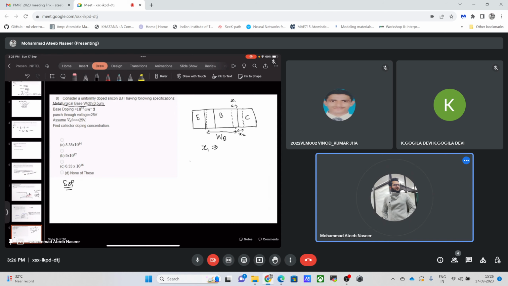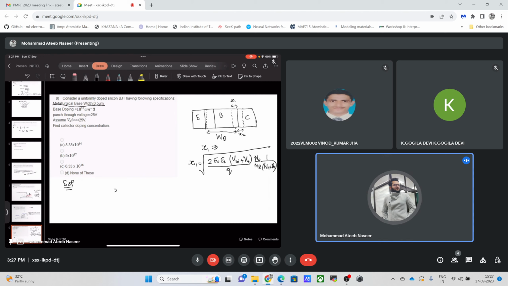We know that this x1, this depletion width, is simply 2 times epsilon naught epsilon r times VBI plus VR, where VR is the reverse bias applied to the junction, times NC by NB divided by NC plus NB.